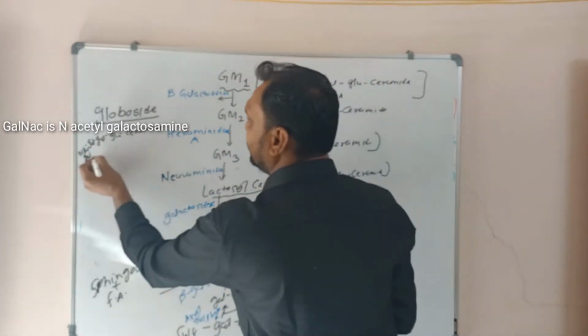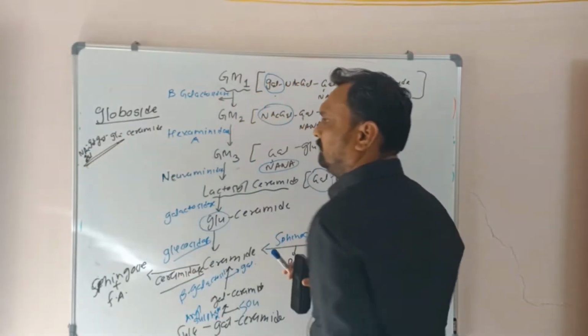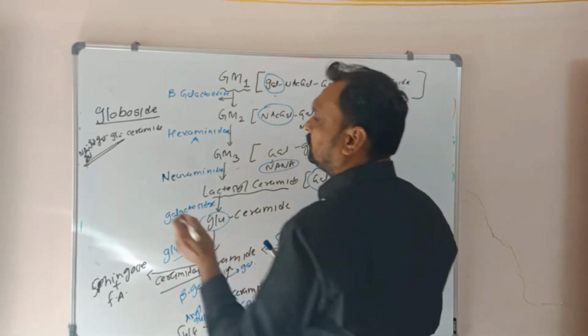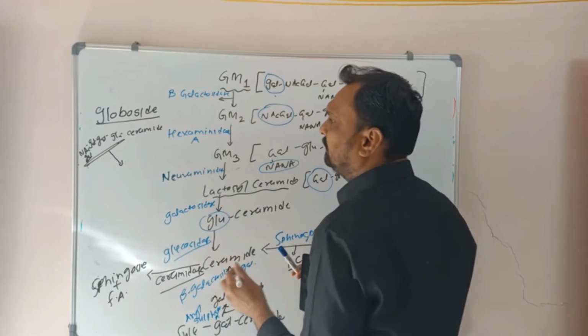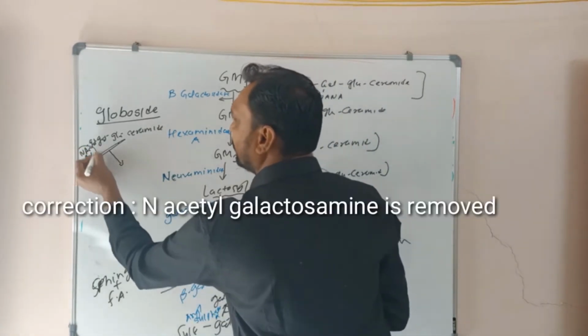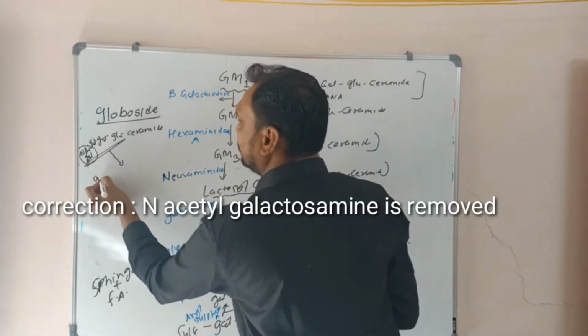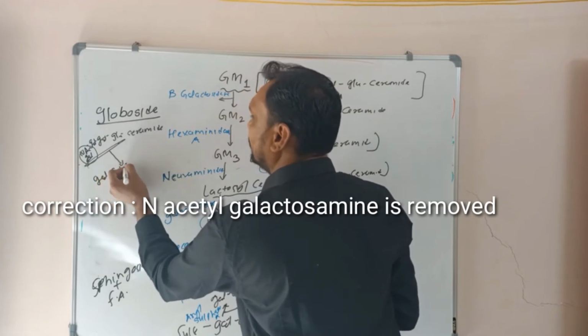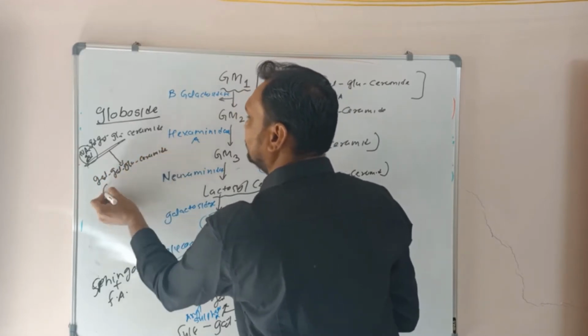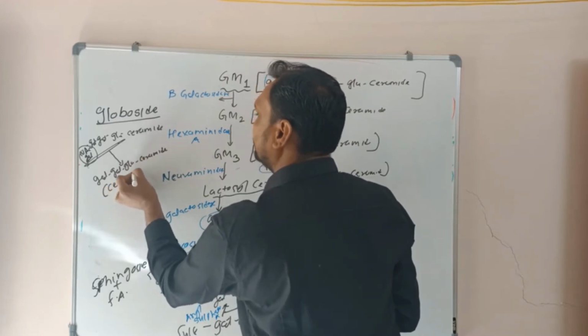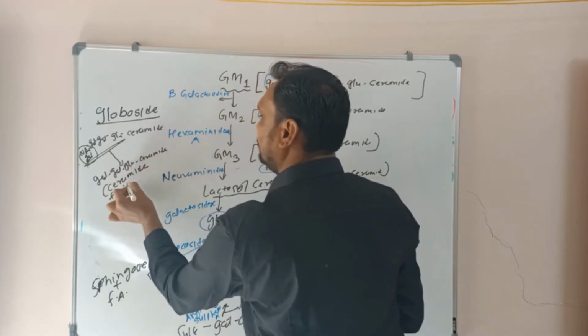So it is made up of 4 sugar units. With removal of N-acetyl galactosamine, it leads to galactose, glucose and ceramide, which is called ceramide trihexoside.